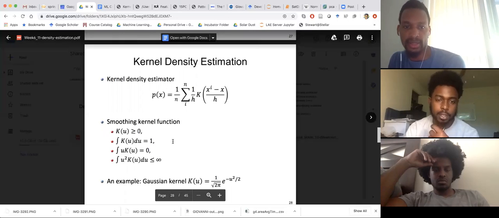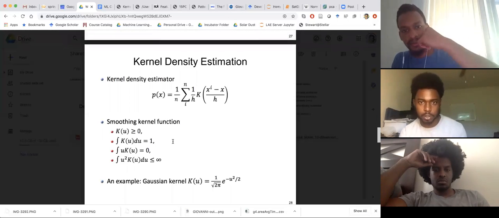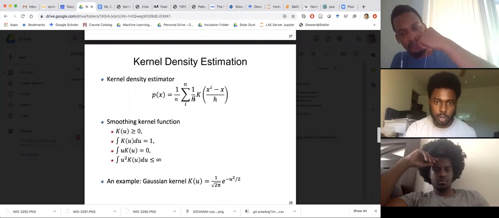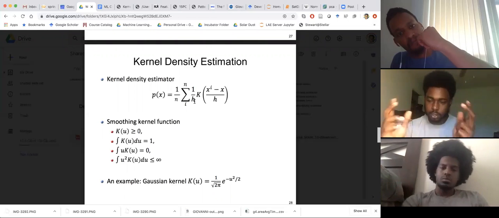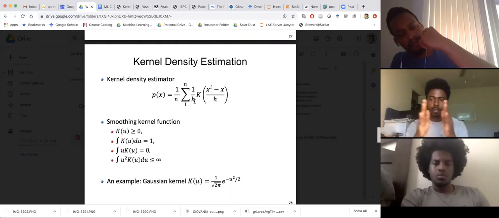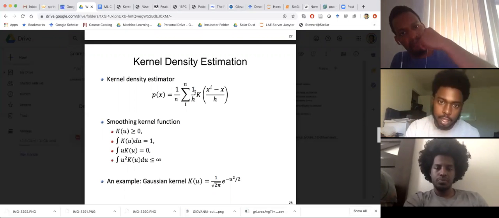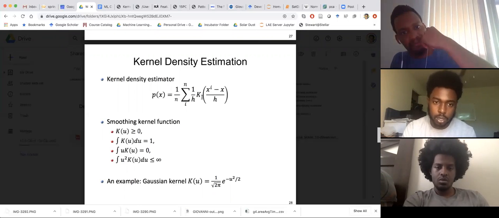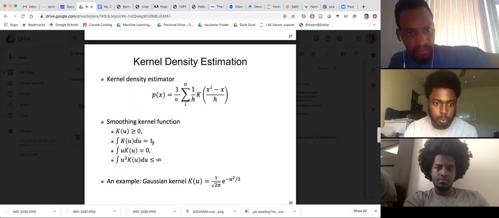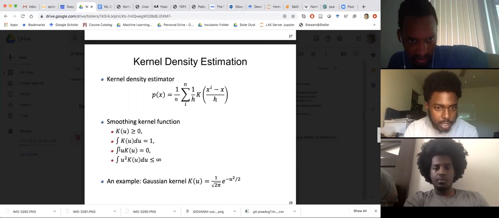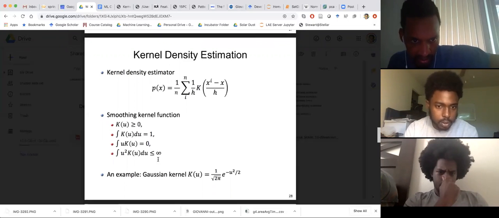So what's happening here is we're going to have a kernel density estimator, where 1 over h is our bin size, right? The distance that we're looking at, and then K is our kernel function, such that K of u must be greater than or equal to 0. The summation of it must be 1. I'm not sure what this identity means, or this one.